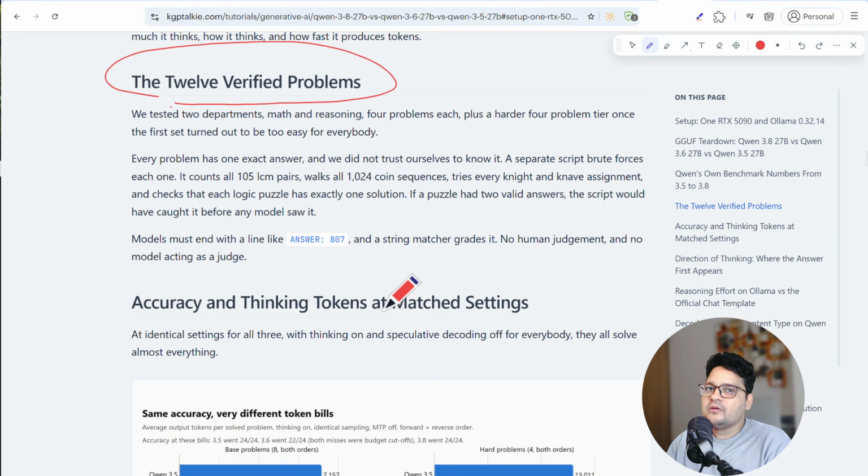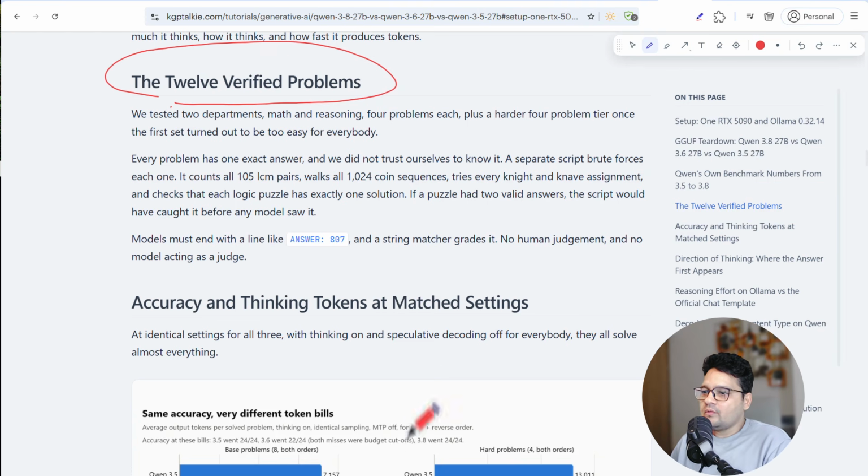For example, if some code needs to be executed, then for a particular given input, the output is fixed. Similarly, for a math question as well, the output is fixed. So I have taken 12 problem statements and their final output is fixed. This is known in my script, but it is not known by the model itself. Once the model generates the output, I compare the output of the model with the known answer of my problem statements, and then I decide whether it is correct or wrong and how much it is wrong.